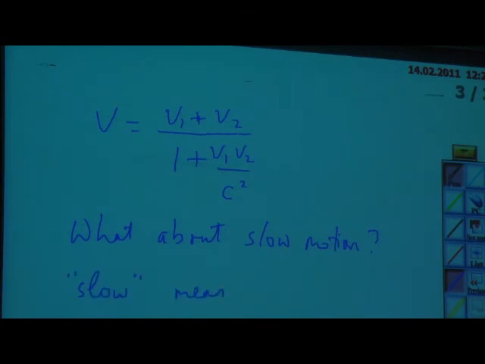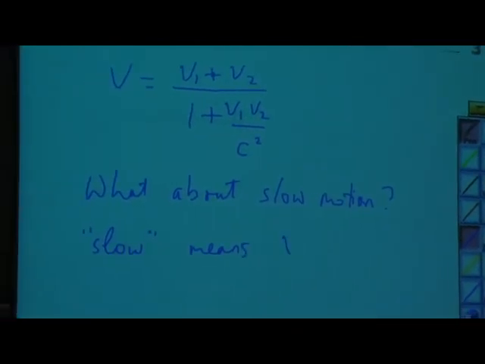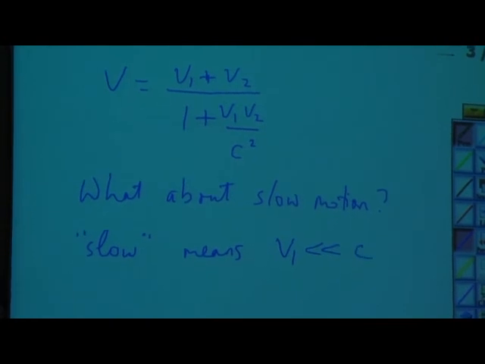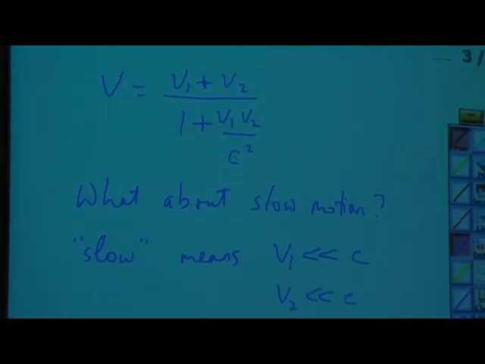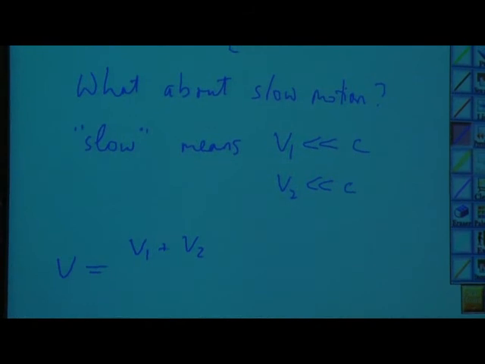Here slow must mean slow with respect to the reference in this problem, which is the speed of light. So it means, slow means V1 is much less than C. V2 is also much less than C. Okay? For example, V1 is 1% of C and V2 is 1 over 1,000 of C. Then what we have is V is equal to V1 plus V2 over 1 plus, well, let me just write here.